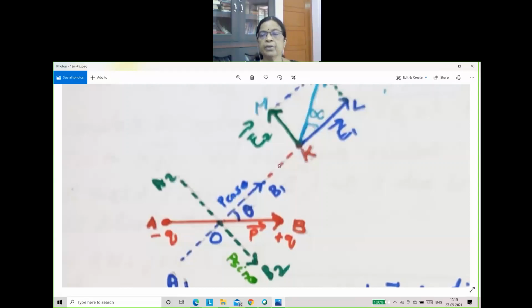In order to make the derivation easy, we are considering this method. First we split the vector into two components: P cos theta, and perpendicular to that, P sin theta. Then where is K with respect to A1B1?